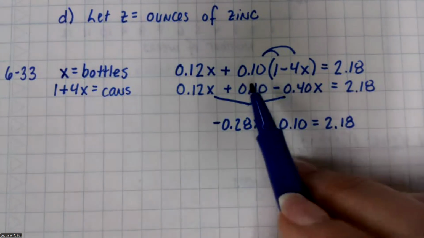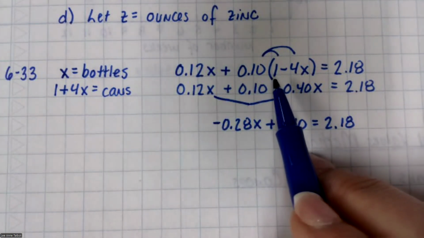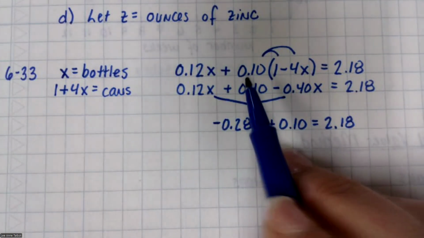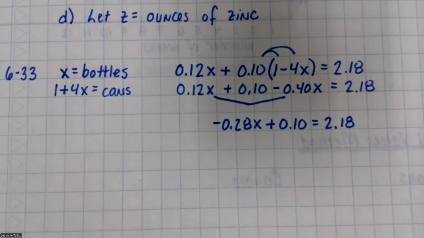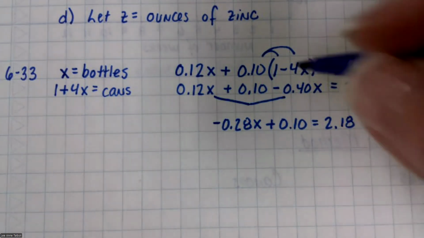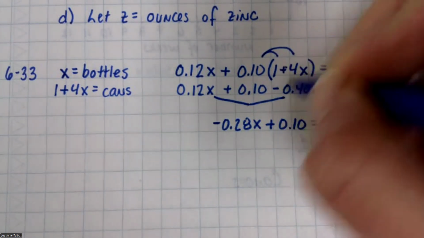Oh, that's just because it's 0.10 times 1. Why are you saying negative? There should not be a negative. See, I didn't do it properly.